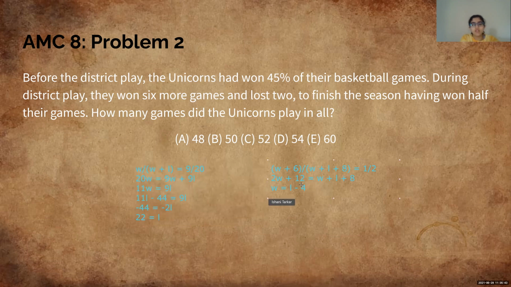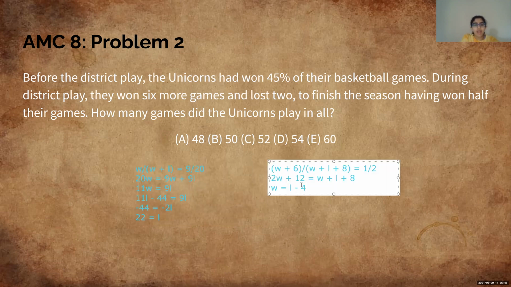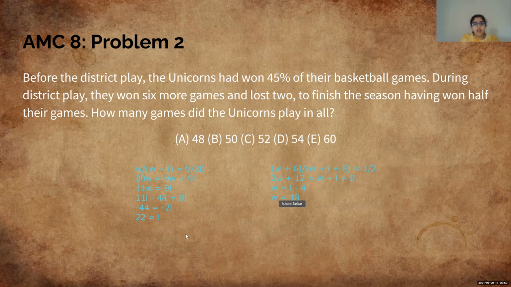To find out how many wins they had, we know that wins are equal to losses minus 4, so the wins are equal to 18, right? So before the district play the wins are 18 and the losses are 22. That means before the district play, they had played 40 games, since 22 plus 18 is 40. And then they played 8 more games. So the final answer is 48, or A.